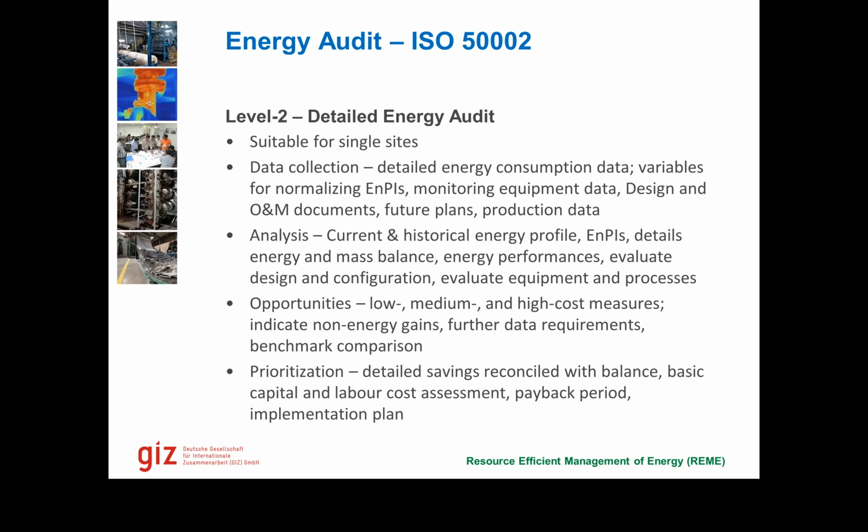It is important to understand that energy saving measures also have non-energy gains or non-energy benefits. For example, if we improve parameters of a garment washing process in a way that it requires less energy, for example, we have a hot wash, and with a change in chemicals, we convert it into a cold wash.